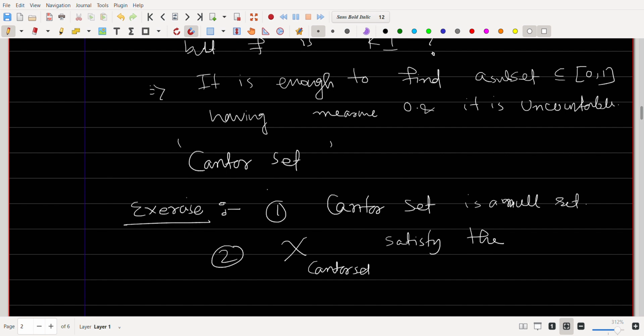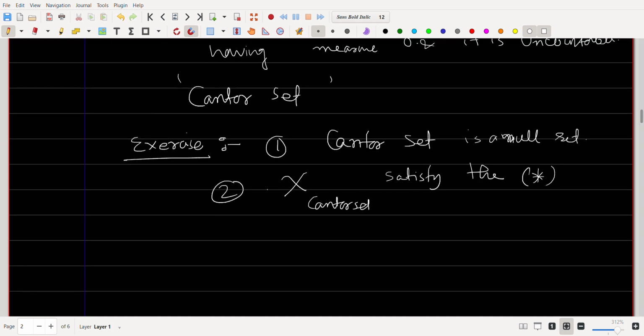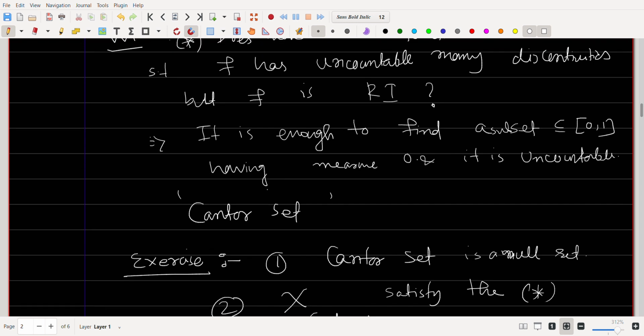What do I mean by characteristic function? f(x) is 1 if x belongs to the Cantor set, and 0 otherwise, from the closed interval [0,1] to R. Show that the set of discontinuities of this function is the Cantor set itself, and also that the Cantor set is a null set. Then combining these two, you will get this answer.